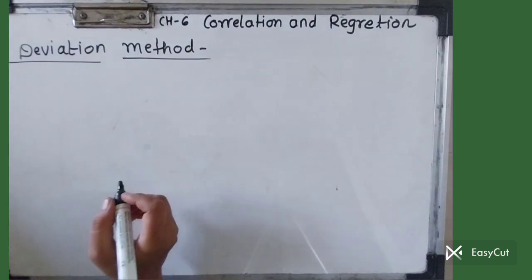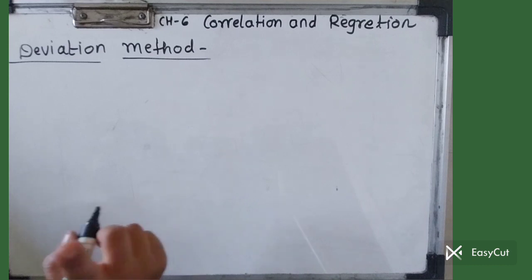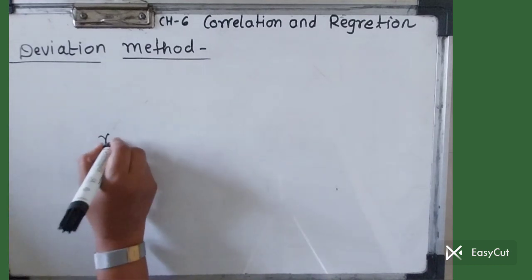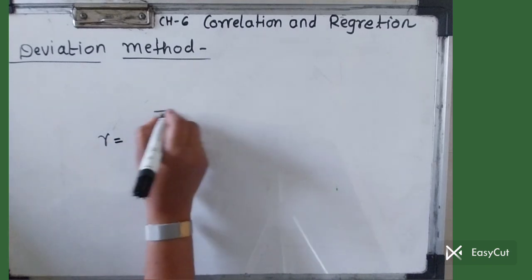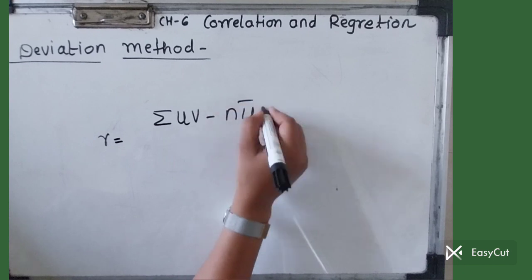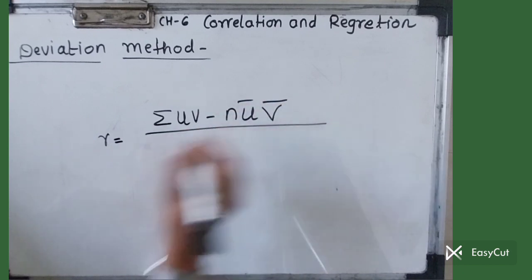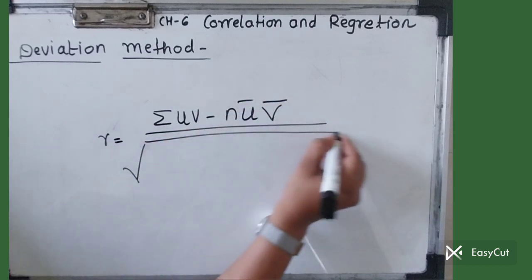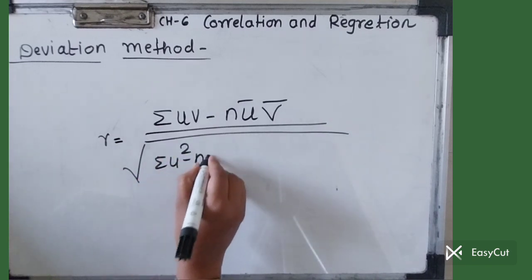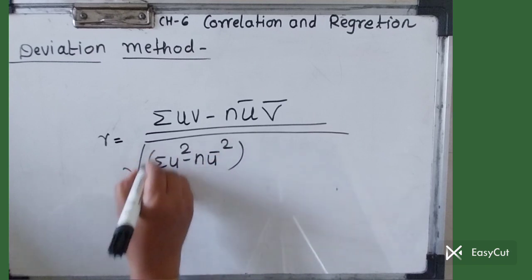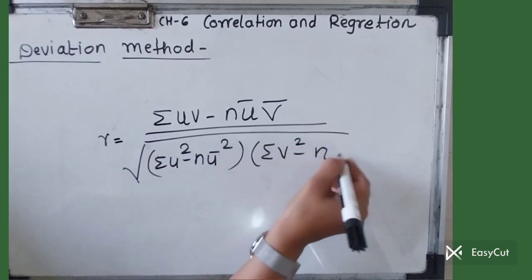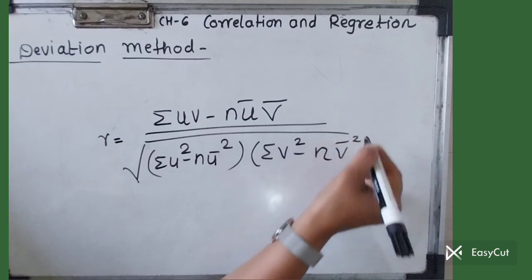The formula for the deviation method of Karl Pearson's is r equal to summation uv minus n u bar v bar, upon under root summation u square minus n u bar square into summation v square minus n v bar square.